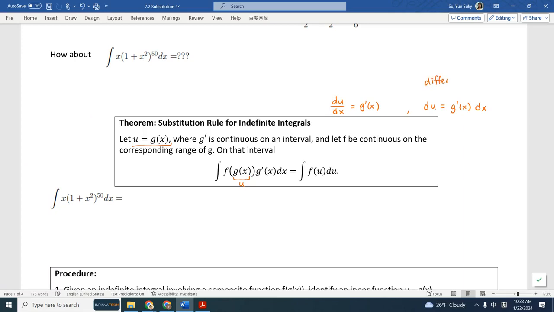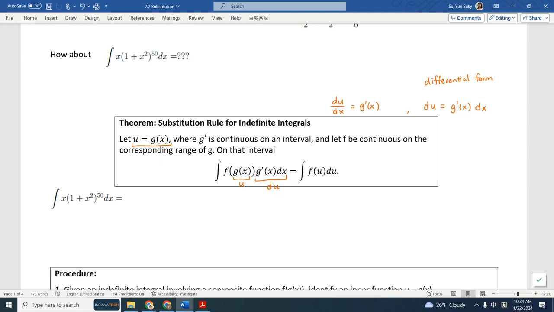Differential form. Okay, we have du on the left hand side. On the right hand side, we have g prime of x dx. Do you see this g prime of x dx? This is exactly du.